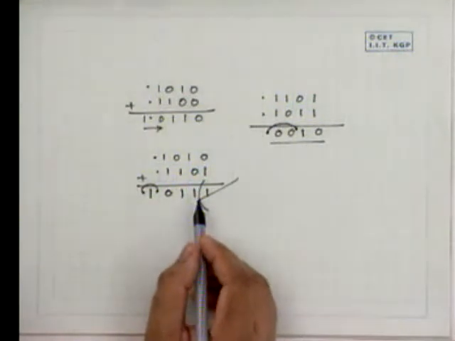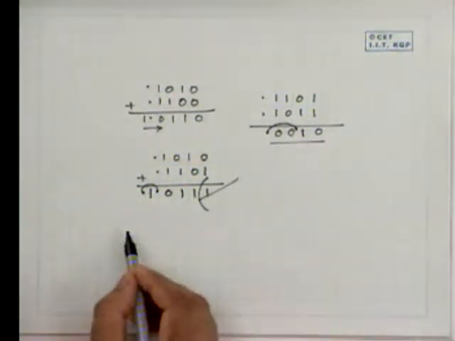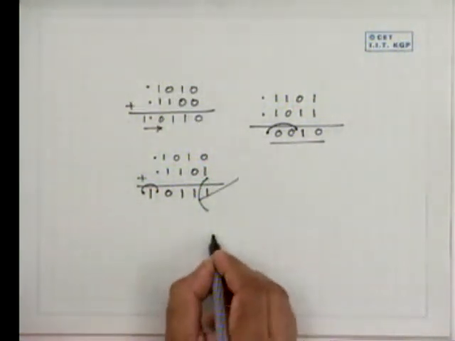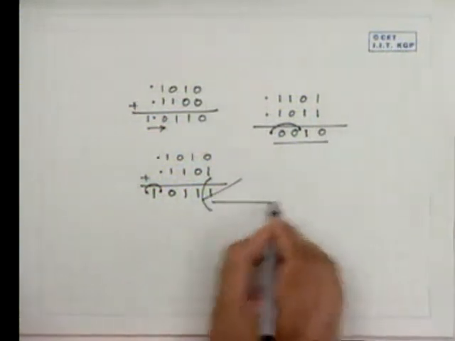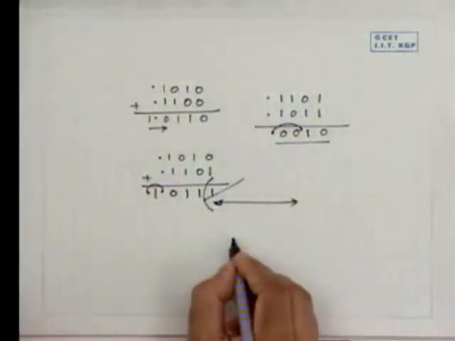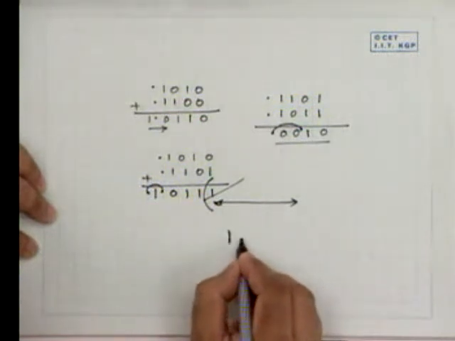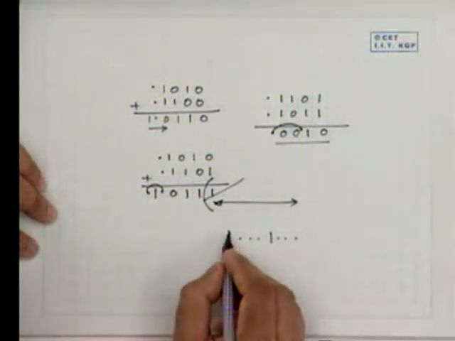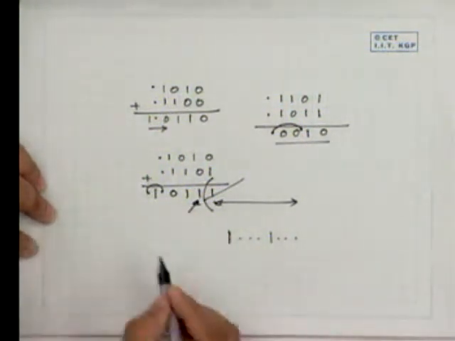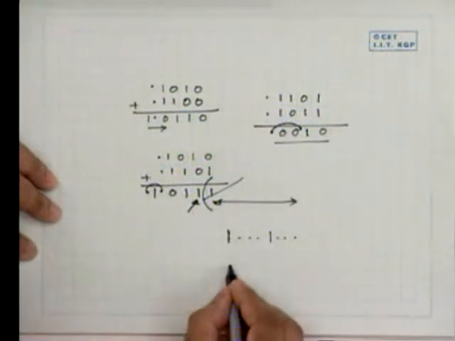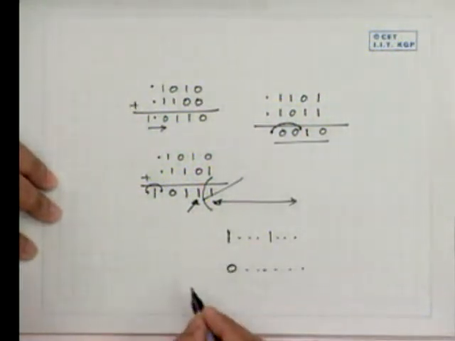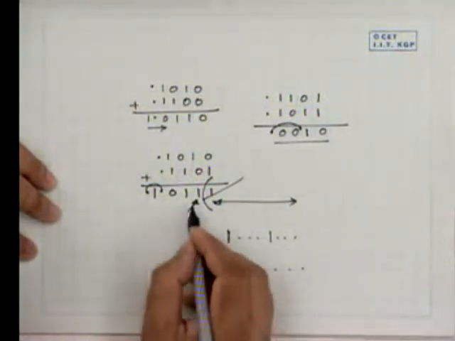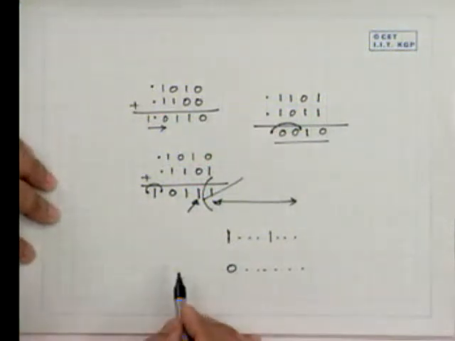The rules for rounding may be many, but one rule can be made applicable. If the first bit of the discarded pattern is 1, and there is at least some 1 bit after it, in that case simply increment the previous bit. If the first discarded bit is 0, irrespective of what other bits you have, then simply discard these bits and you don't have to do anything to the previous bit.